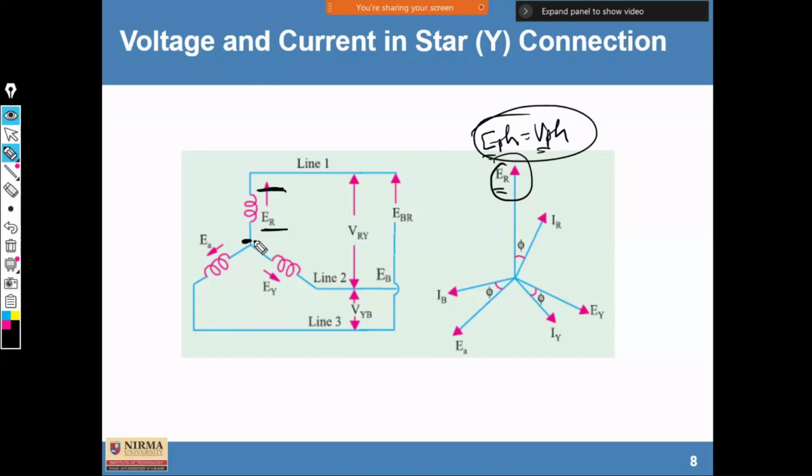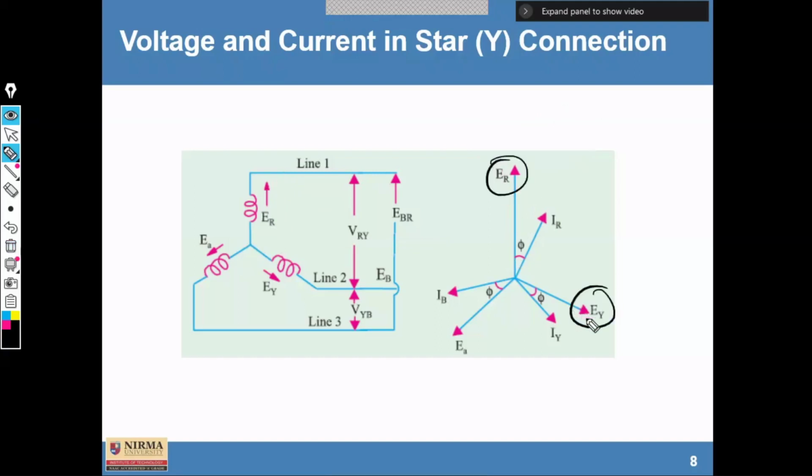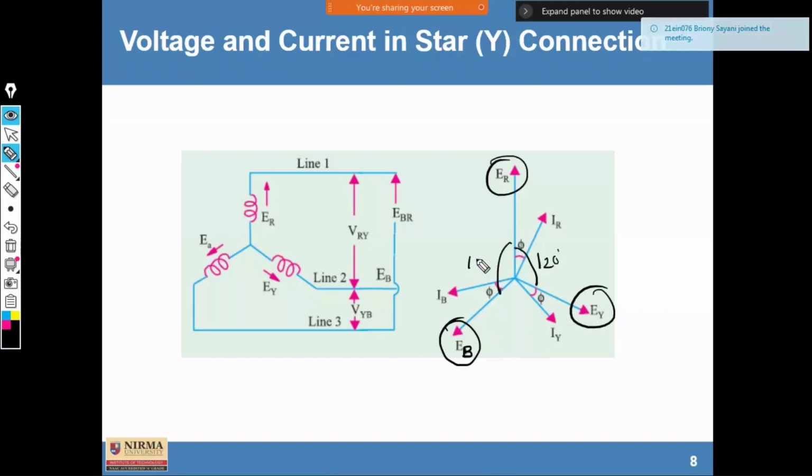Because there is a neutral, the voltage between neutral and the line is your ER. So we draw a phasor diagram with ER, EY and EB, which are 120 degrees apart from each other. Do you agree with me? Yes, sir.